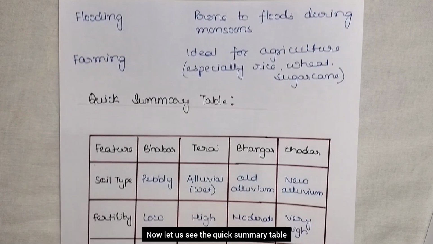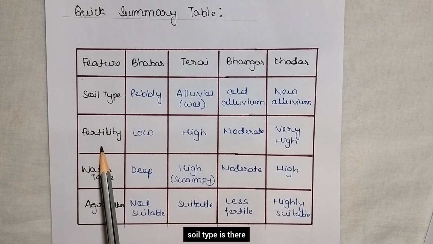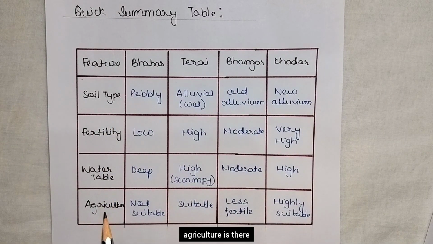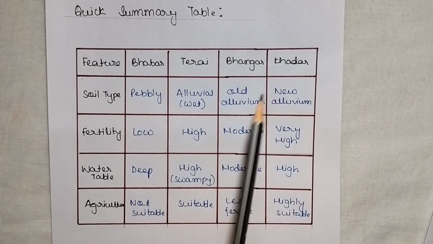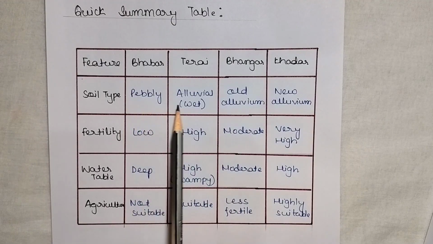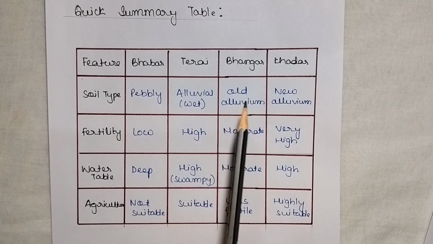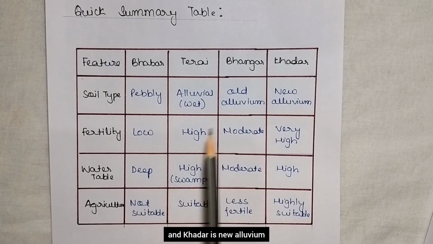Now let us see the quick summary table. We go through the features: soil type, fertility, water table and agriculture for Bhabar, Terai, Bhangar and Khadar. Soil type: Bhabar is pebbly, Terai is wet alluvial, Bhangar is old alluvium and Khadar is new alluvium.